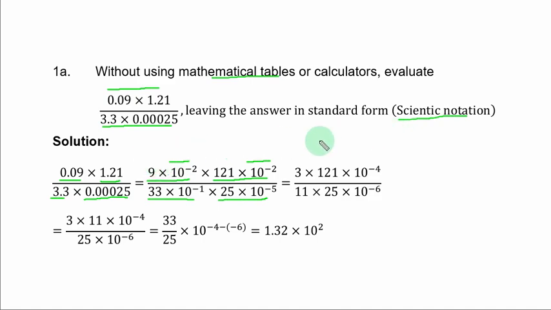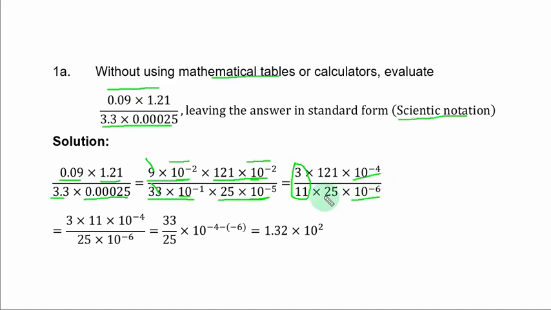So we can reduce 9 and 33 by 3, and you have 3 over 11 first. Every other term remains. You simplify this and this. If you add the powers, it becomes 10 to the power of minus 4, and simplify this and this by adding the powers, you have 10 to the power of minus 6.